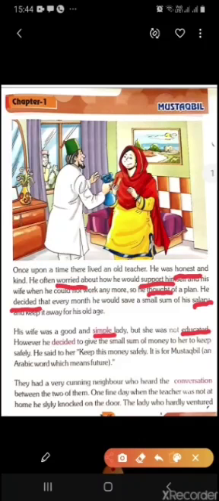Educated. Children, do you know the meaning of simple? Yes, it is a very common word, but simple means she is very nice.